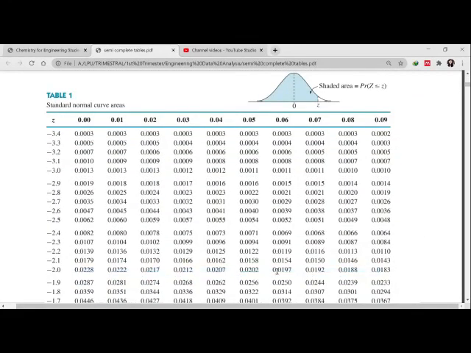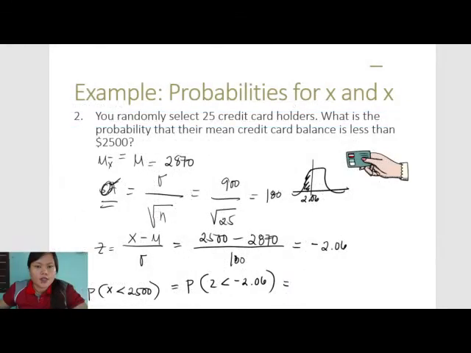Ito. 0.0197. Okay, so therefore, ito yung probability that their mean credit card balance is less than 2,500, or 1.97%.